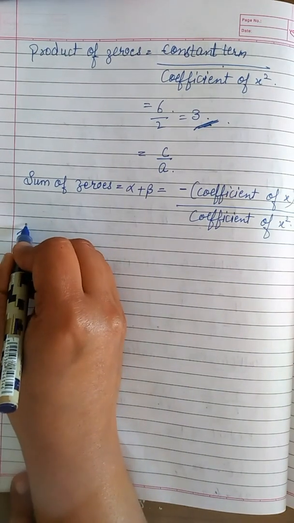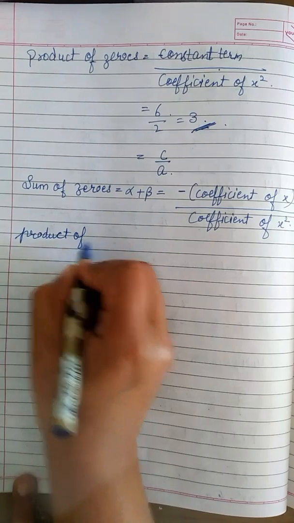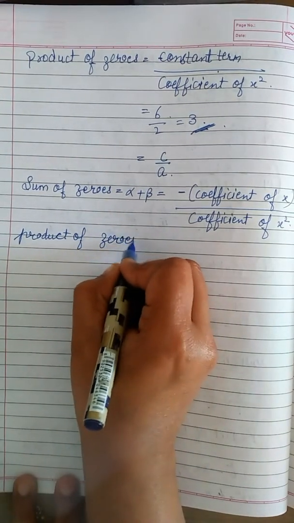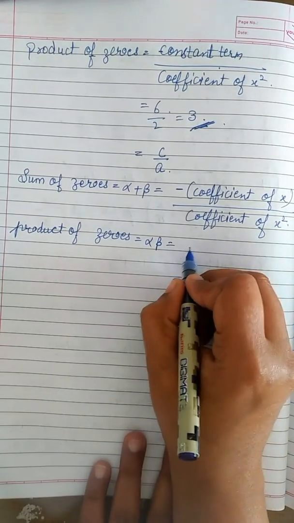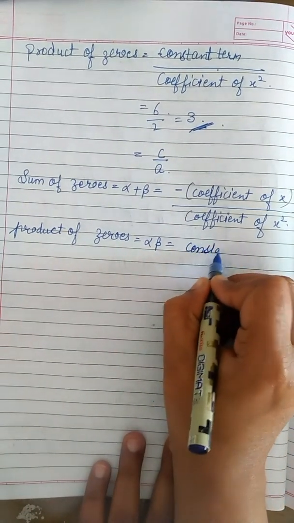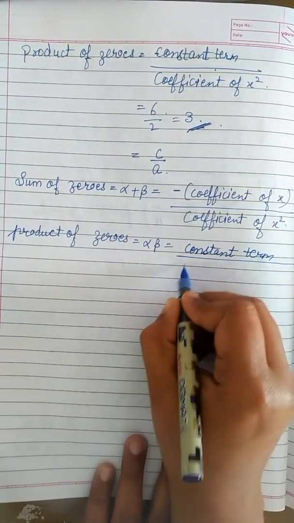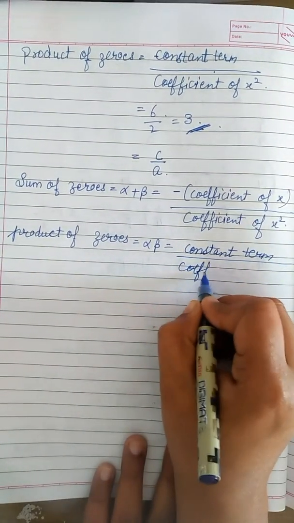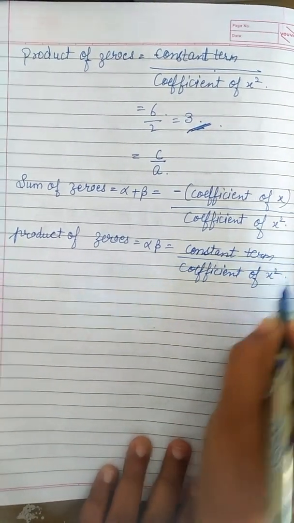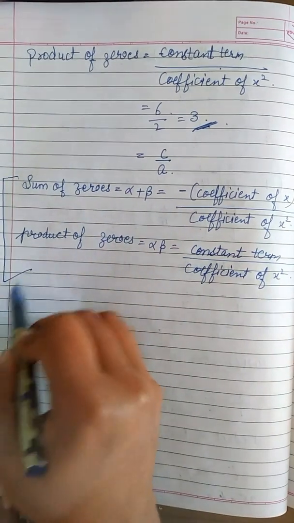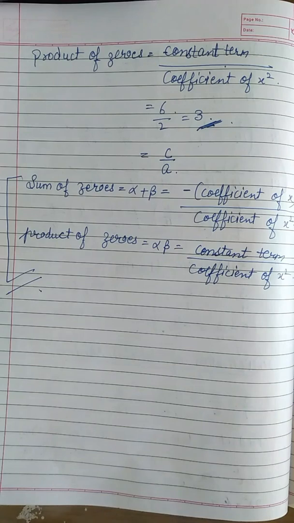Similarly, product of zeros, alpha into beta, is equal to constant term upon coefficient of x square. So this is the relationship between zeros and coefficients of polynomials.